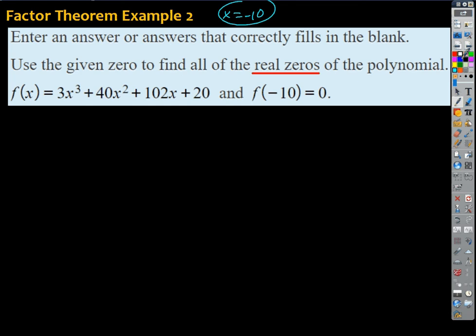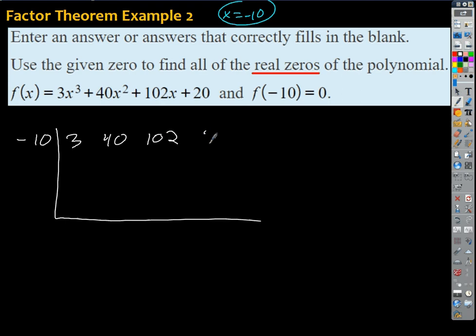How am I going to find the others? What goes out front? Negative 10. Good, so negative 10's out there. What are the coefficients going to be? And what has to go in there? 0. So we know it has to.